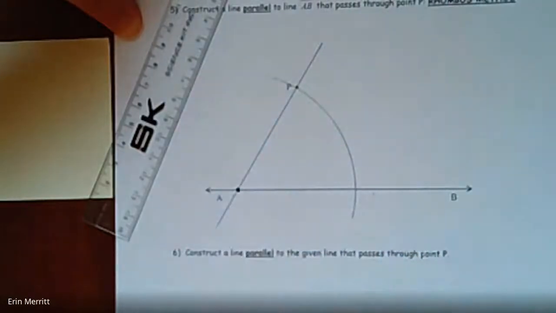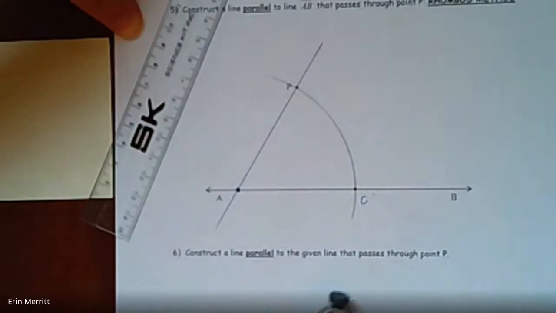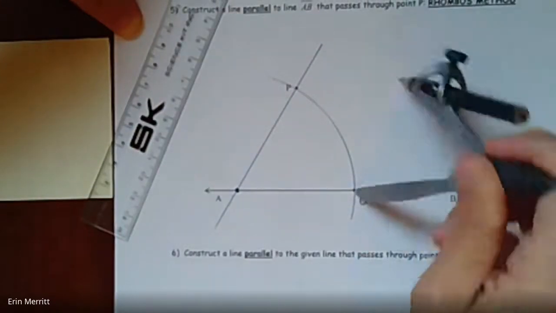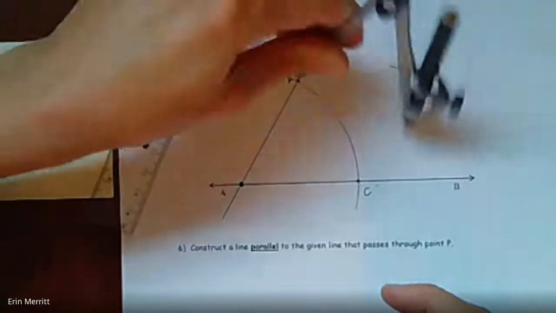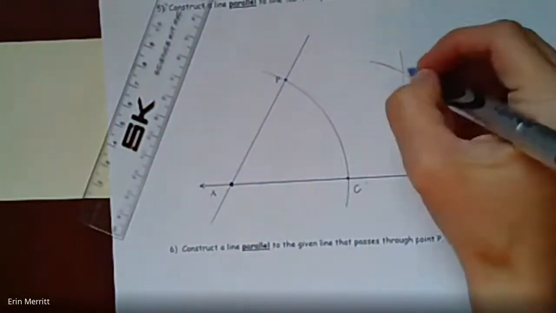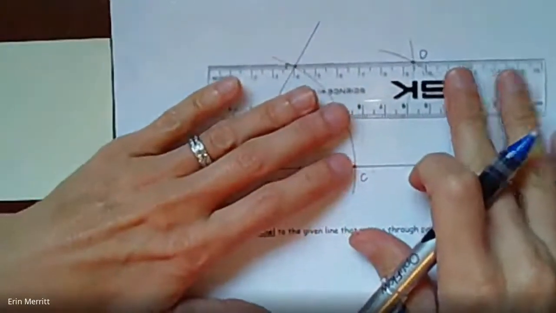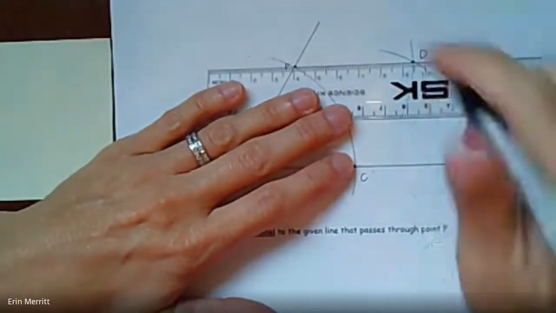And I'll call this point where it crosses, I'll call that point C because that hasn't been used yet. Now, from C, same distance on my compass, swipe an arc. From point P, swipe an arc. All right, that last point, that top right corner, I'm going to call that D. And then I can connect from P through D, and it should be parallel to line AB at the bottom.